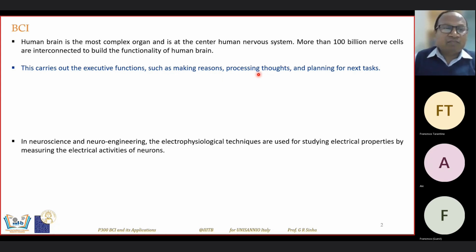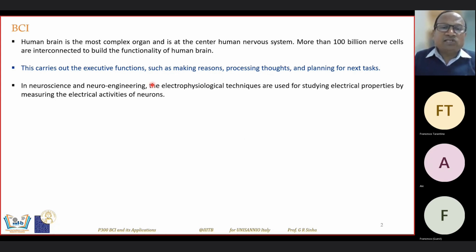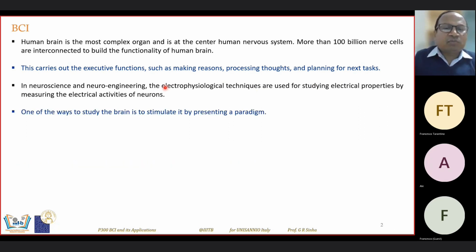In neuroscience and neuroengineering, we generally use electrophysiological techniques for studying the electrical properties of neurons. The electrical activities of neurons are measured in terms of electrophysiological properties. One popular example is EEG.